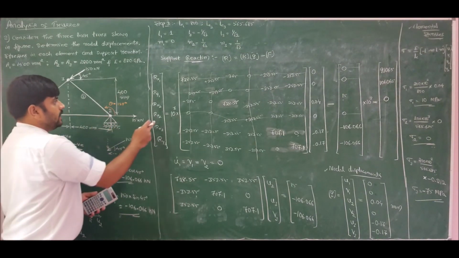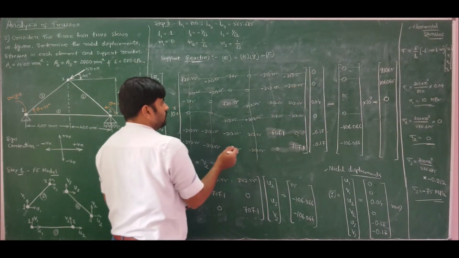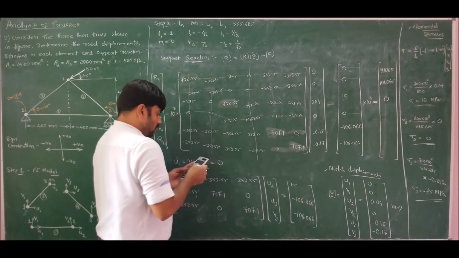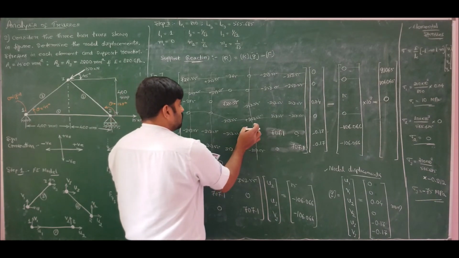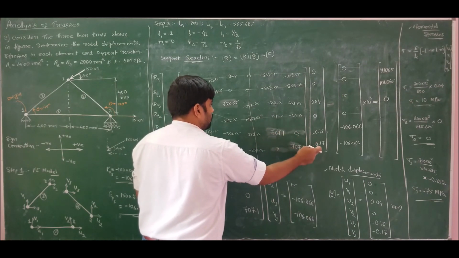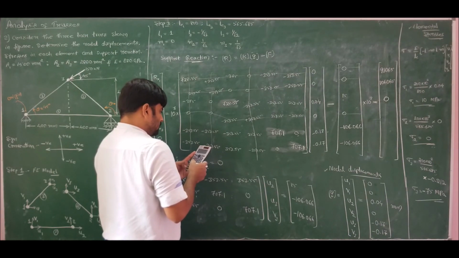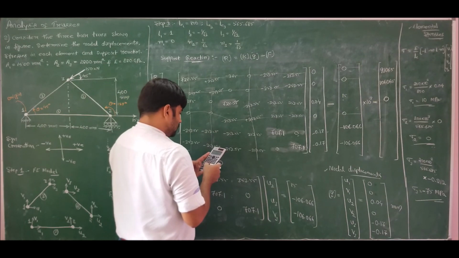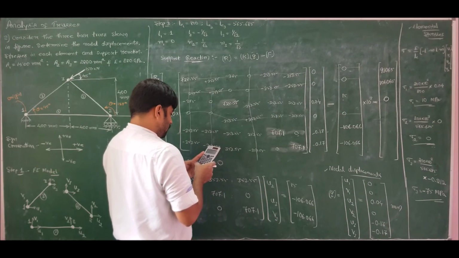Now coming for Ry2. So if we do Ry2, zeros are there, here also 0 you leave. This is multiplied with 0.04, that is minus 353.55 into 0.04 plus this is multiplied with 0, 0, this is multiplied with this one, that is 353.55 into minus 0.13 plus of minus 353.55 is multiplied with minus 0.17.